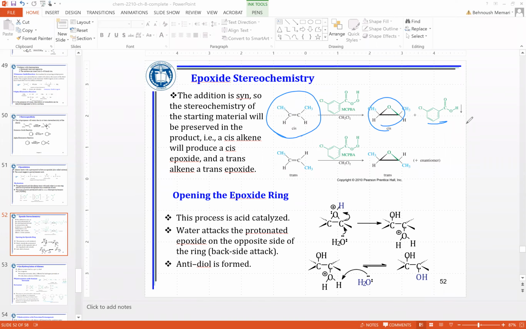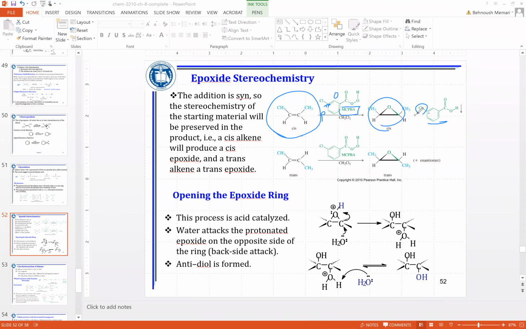Metachloroperoxybenzoic acid, MCPBA, that's a metachloro. That means there is a chlorine on the meta position with respect to this carbonyl group as the ortho position, and then this is a meta position, and across from it is going to be the para position. So regardless of whether it's meta or ortho chloro, that part is going to stay the same.